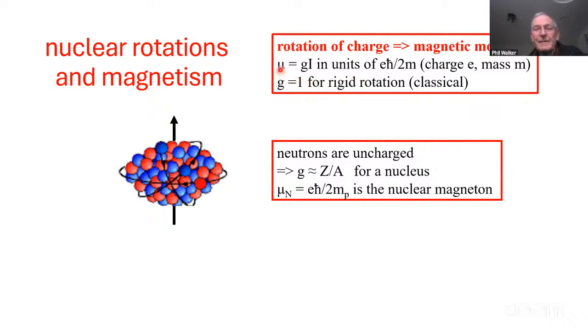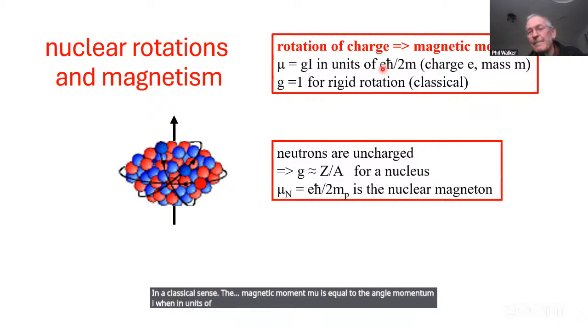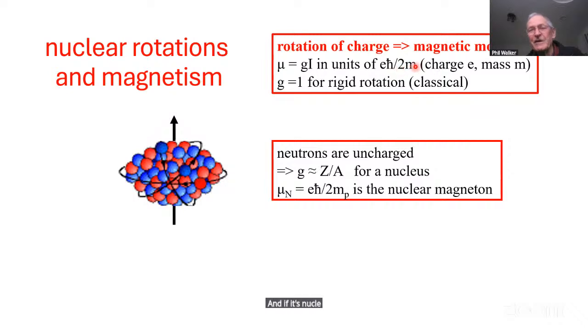In a classical sense, the magnetic moment mu is equal to the angular momentum I when in units of the magneton. So if you're dealing with electrons going around atoms, this would be called the Bohr magneton. And if it's nucleons going around a nucleus, it's called a nuclear magneton, because the mass, when it's neutrons and protons in a nucleus, is the proton mass.